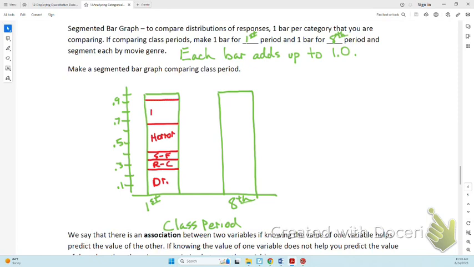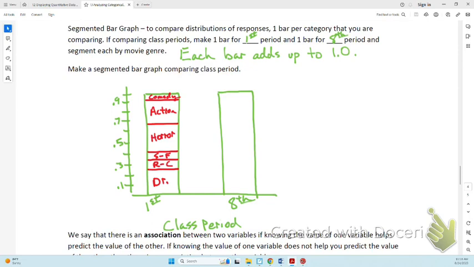And we have action. And the leftover should be roughly 8%, and I think it is. So we get comedy. Just do your best when you're approximating. You can round those to the nearest whole percent or the hundredths place, whatever you want to do. So maybe hit pause and try and do 8th period's bar.